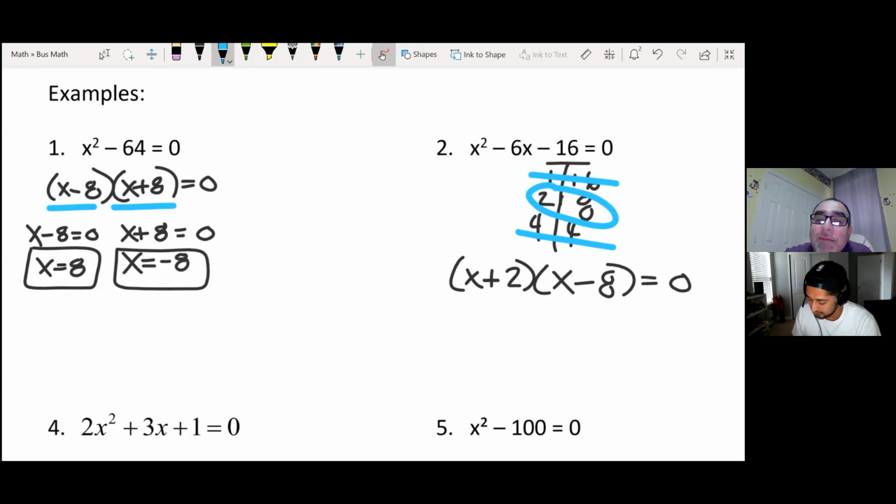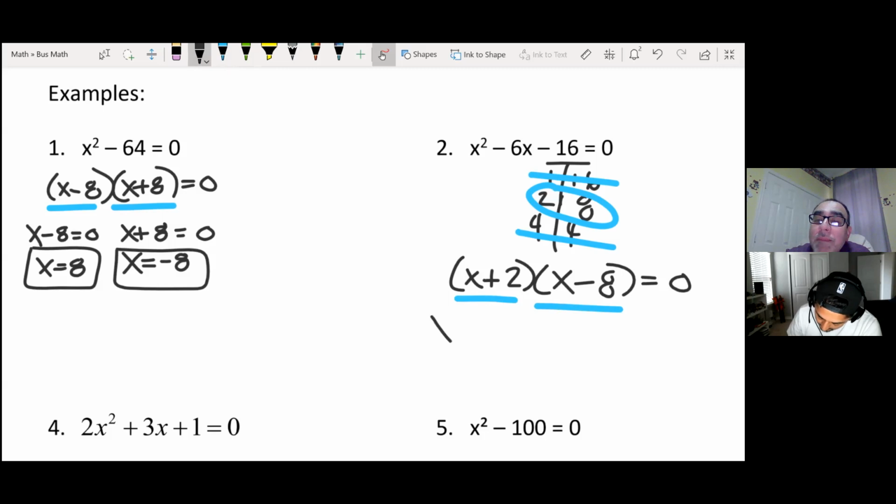So you can FOIL to check your work, but I assume at this point we're experts at factoring, and we want to save time. We can always check our work at the very end. We could plug it into the equation and hopefully it zeroes out. So this is correctly factored. Since it's correctly factored, you will set both terms equal to 0, both products equal to 0.